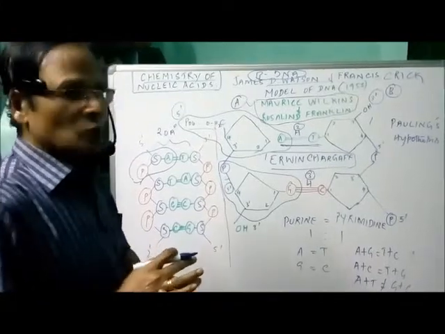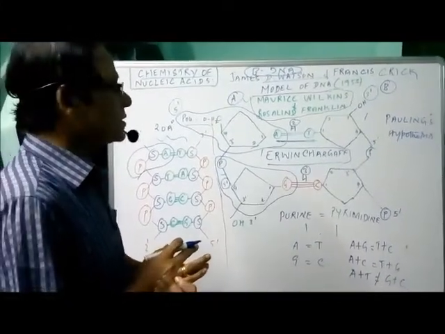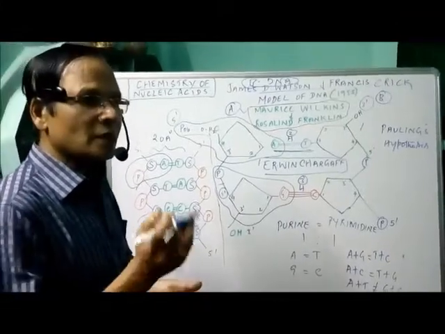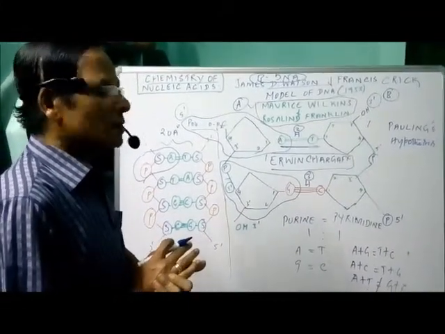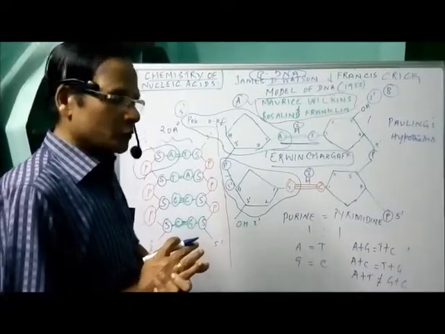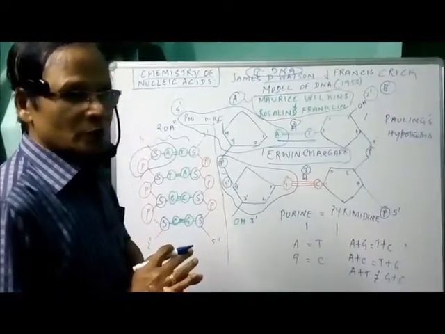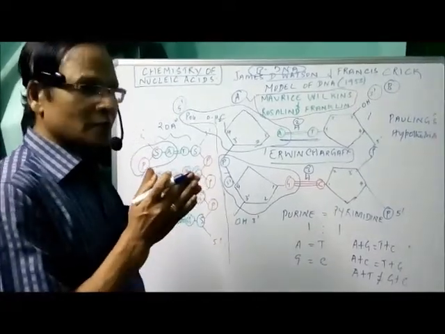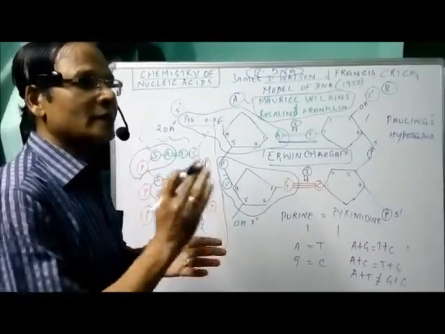Now another DNA I mentioned is Z DNA. Z DNA is a left-handed DNA, proposed by 2 different groups, one from New Zealand and another from India. Both proposed Z DNA, or left-handed DNA.